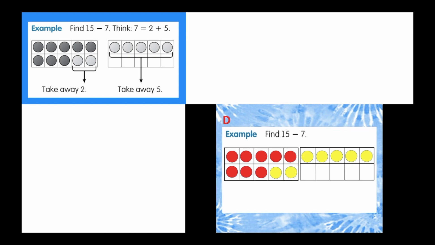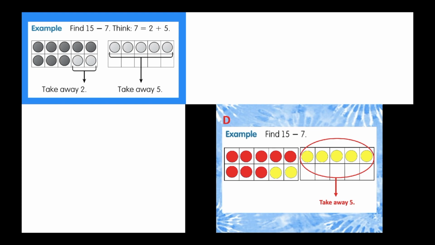Remember, we've got 2 10 frames. So how many counters do I need to take away to make a 10? That's right. I can take away 5 counters, and then I have a 10.